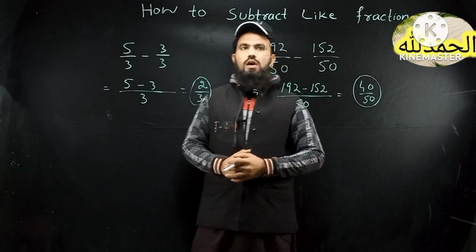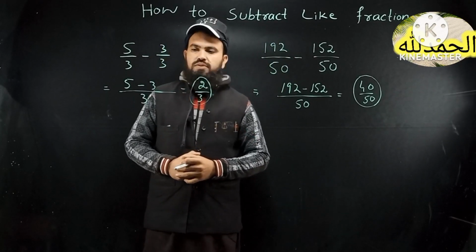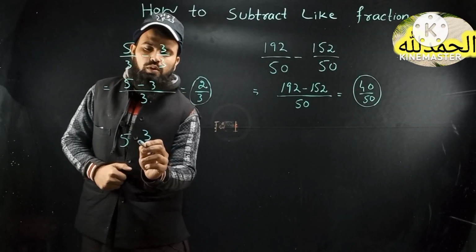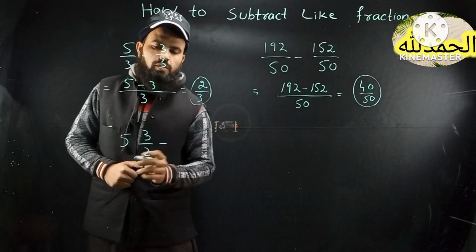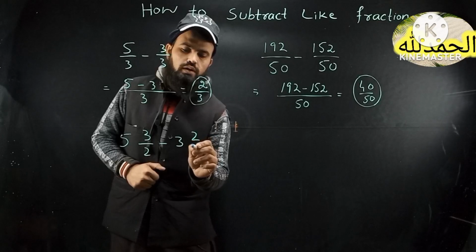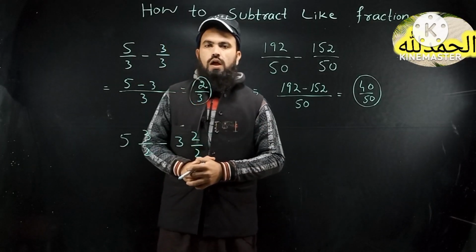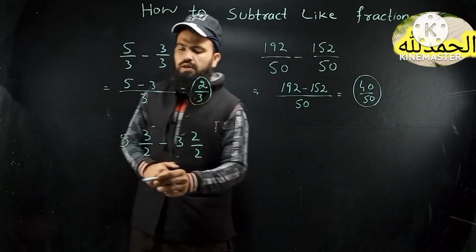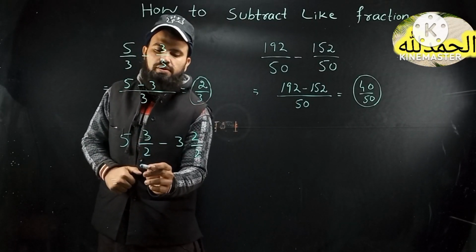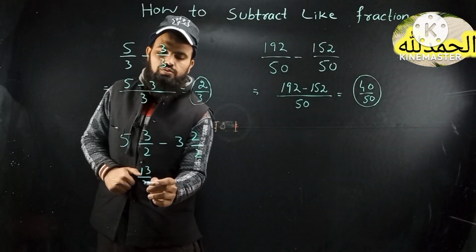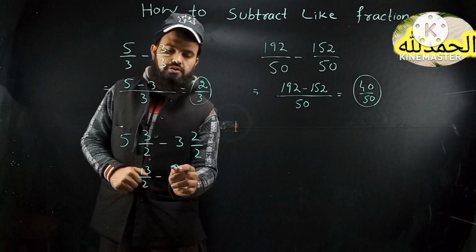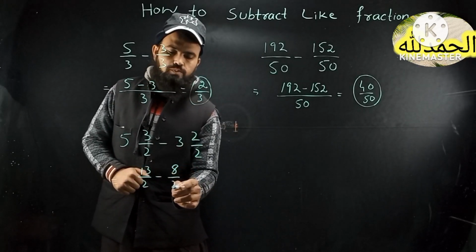The next example of like fraction subtraction is here, 5 whole 3 over 2 and 3 whole 2 over 2. So our subtraction process is here. 2 multiplied by 5 is 10, plus 3, 13 over 2. 2 multiplied by 3 is 6, 6 plus 2 is 8, 8 over 2.